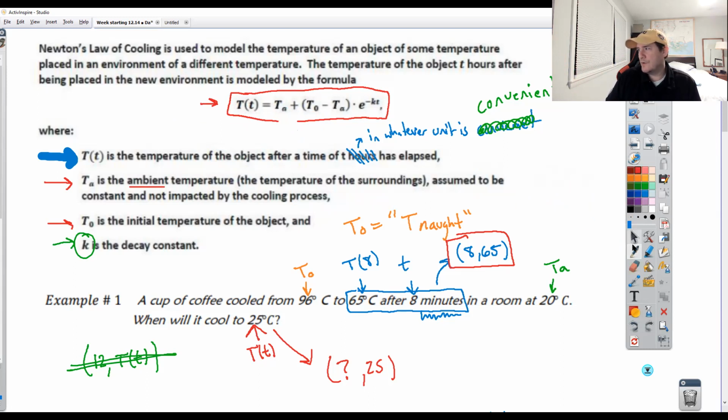T sub 0. Well, first of all, just how do you even say it? You could say T0. You can say T sub 0. You could say initial temperature, because we know sub 0 always represents the time or the temperature literally at time 0, meaning the initial time. But what I tend to say, and if you hear me say it, you'll know what I'm talking about, T sub 0 is T naught, right?